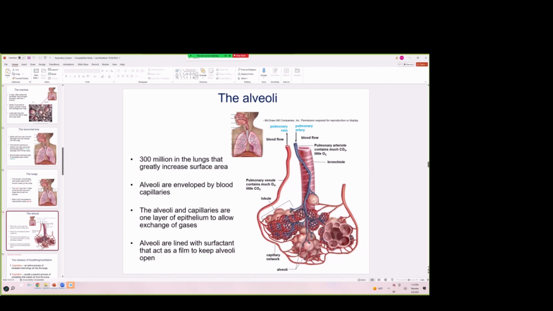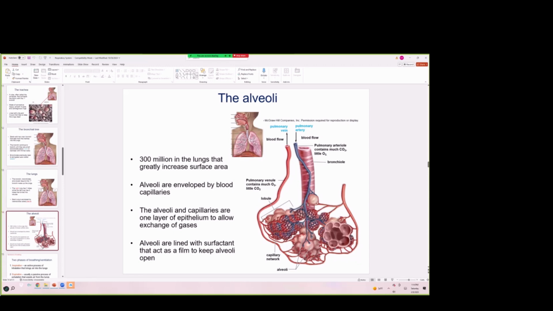These capillaries are 1 cell thick, and they cover the alveoli. Being 1 cell thick, and the alveoli very thin, it allows for exchange through diffusion. Material from the blood will diffuse. In this case, carbon dioxide will diffuse from the blood into the alveoli space.